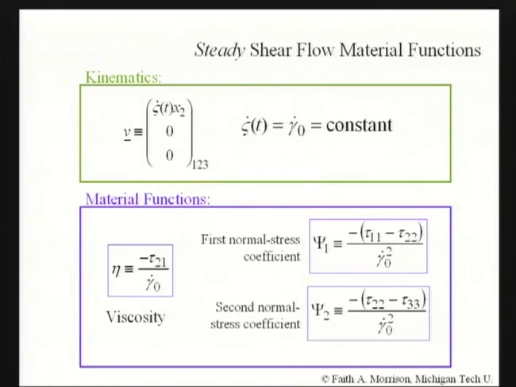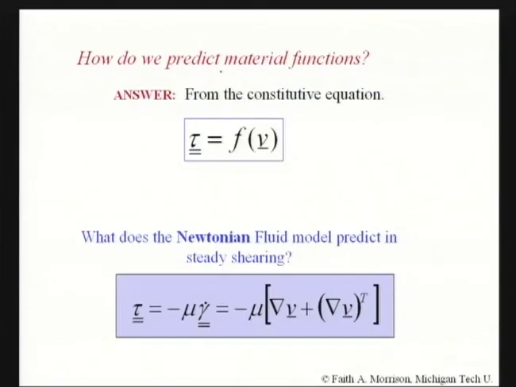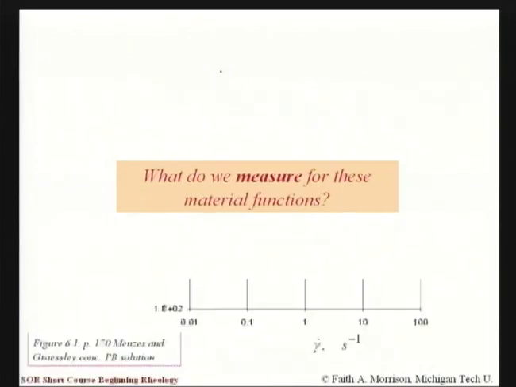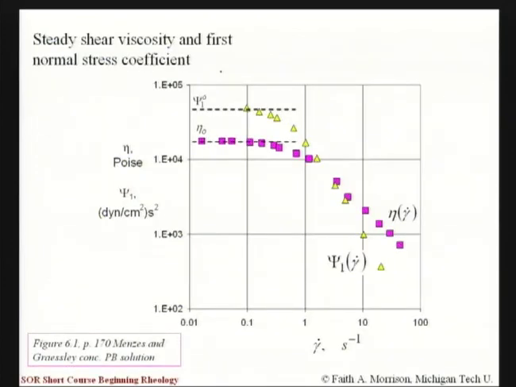The stresses in a shear flow are shear and first normal, and here are the material functions defined for steady shear flow. We did a prediction for Newtonian fluids and found that it predicts no first normal stress coefficient and a constant viscosity. Then we compared it with the literature, and we saw that viscosity is in general not constant, and psi1 is in general not zero.